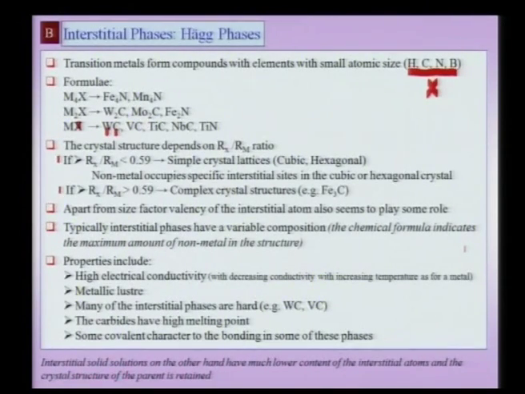On the other hand, if my Rx by Rm is greater than 0.59, if this interstitial atom is going to sit in the parent lattice, then it is going to cause large distortion to these lattices. Then typically you end up forming complex crystal structures, and one of the common complex crystal structures is Fe3C, which is otherwise called cementite, a very important phase which forms in the iron carbon phase diagram.